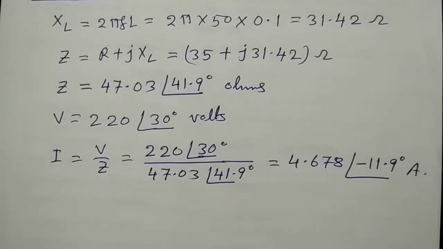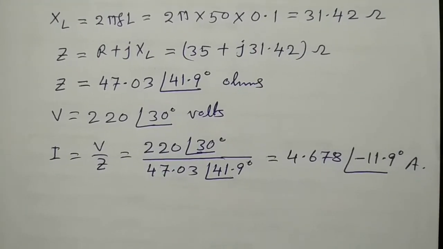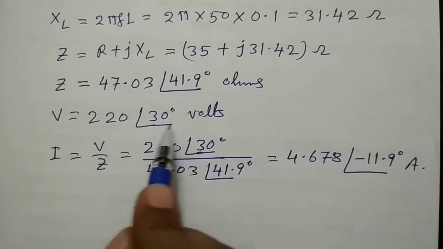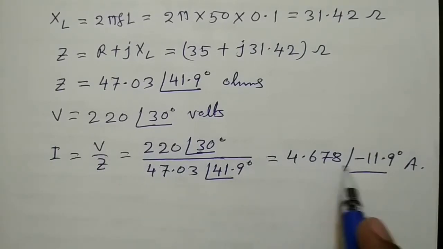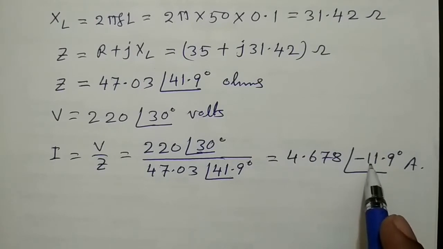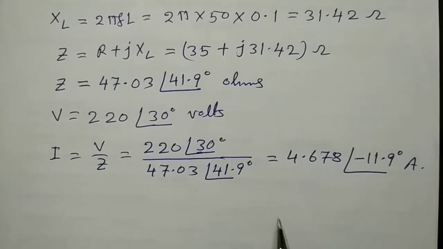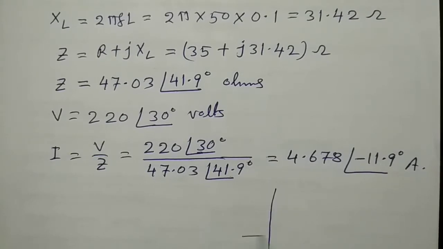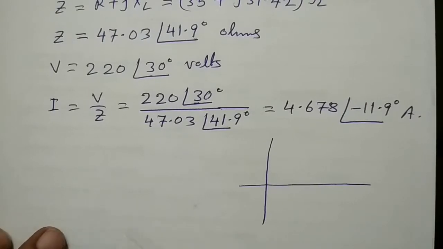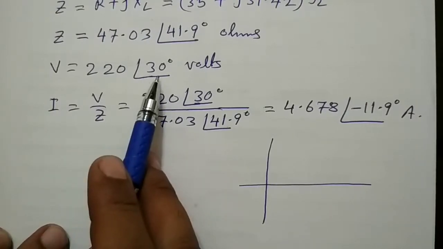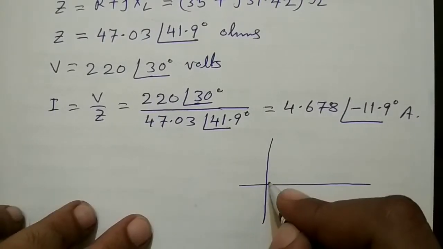Now here we can see that the voltage is 220 angle 30 degree and the current is 4.678 angle minus 11.9 degree. So let's draw the phasor diagram of the voltage and current. Here the voltage is 220 angle plus 30 degree, so the voltage will be in the first quadrant.